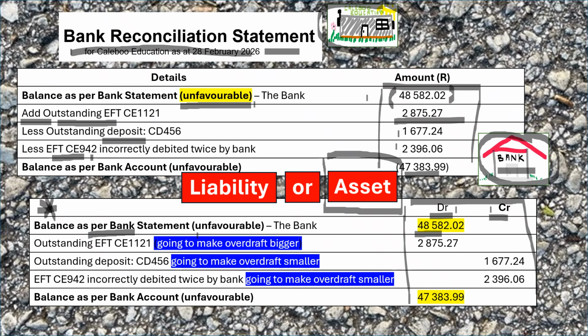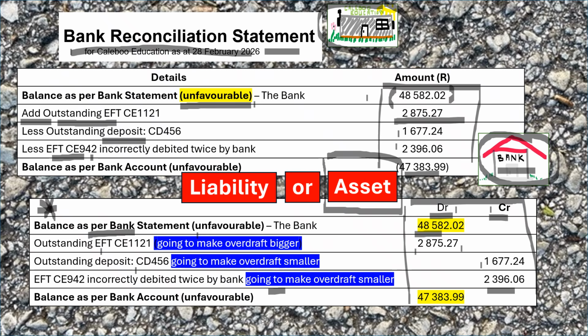Then if there's an outstanding EFT, the bank would debit our account. In their eyes, it's going to make that unfavorable bank balance, the overdraft, bigger. An outstanding deposit will make it smaller, and then a correction of an EFT that was debited twice is also going to make the overdraft smaller.